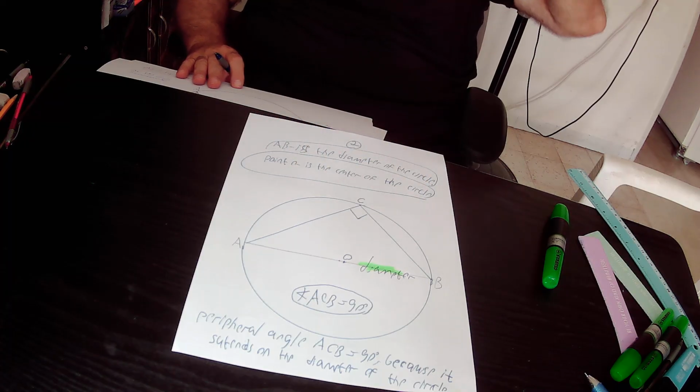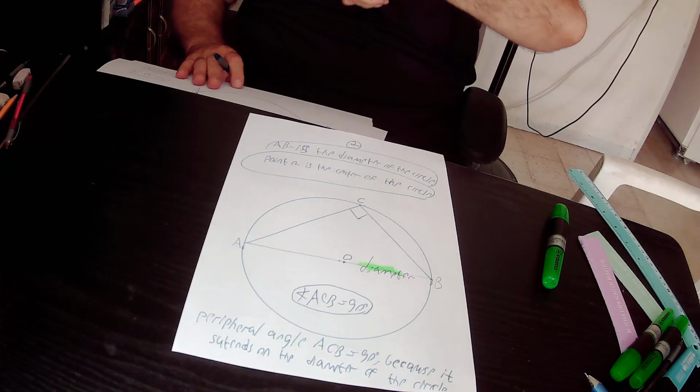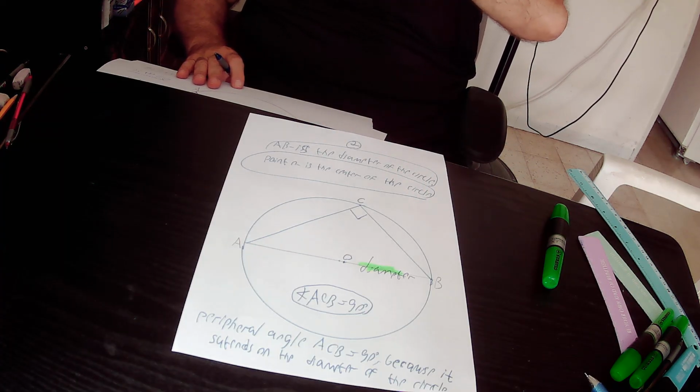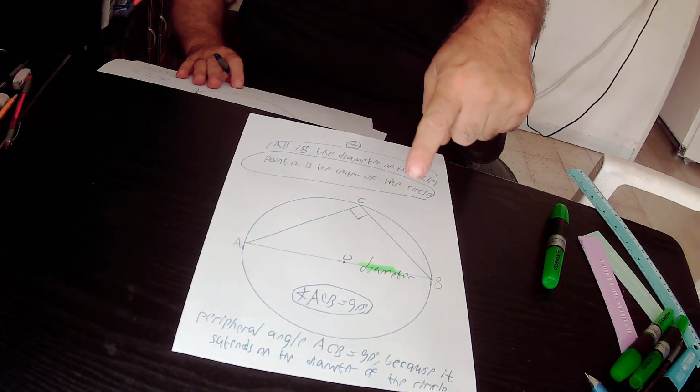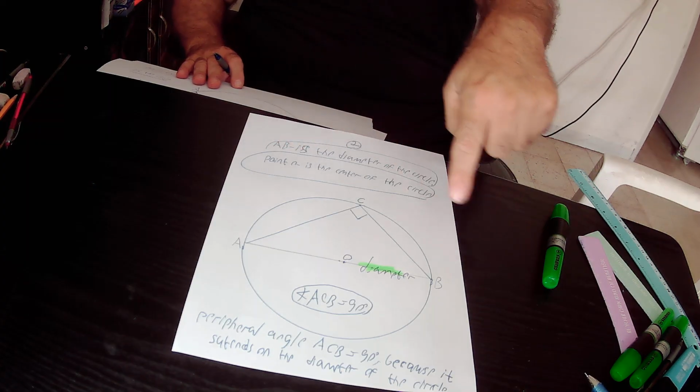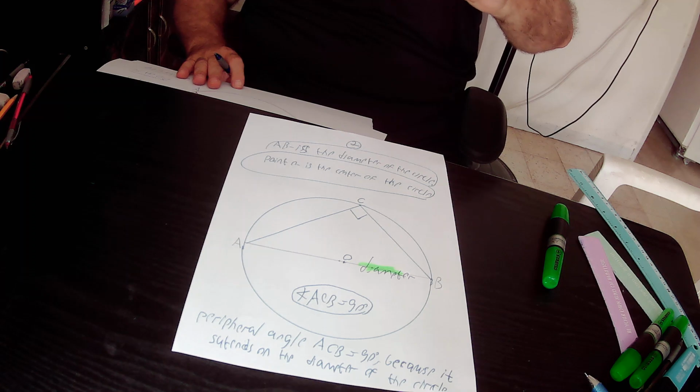Chord AB is the diameter of this circle. This is peripheral angle ACB that subtends on chord AB. This is the diameter of this circle. And according to this rule 7, any peripheral angle that subtends on the diameter of the circle must be equal to 90 degrees in its size. Therefore, peripheral angle ACB must be equal to 90 degrees in its size.